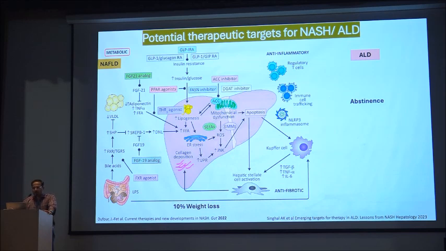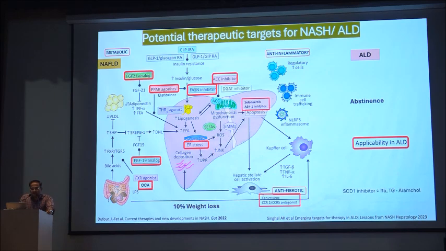All these metabolic pathways we discussed so far have been assessed, and the majority of them are in phase 2, phase 3 trials. But what I wanted to highlight in this slide was that in ALD also, these pathways are potentially applicable. Some, like OCA and selonsertib, an ASK1 inhibitor, are in phase 1, phase 2 trials.